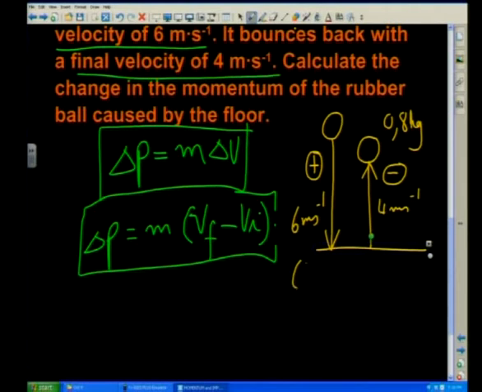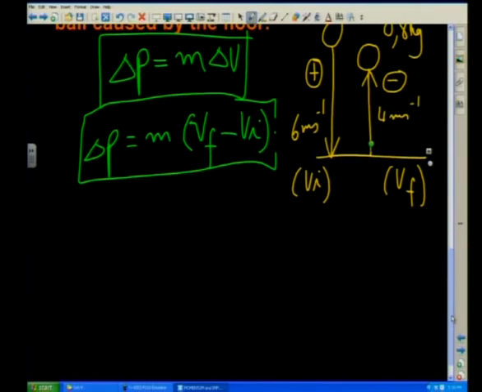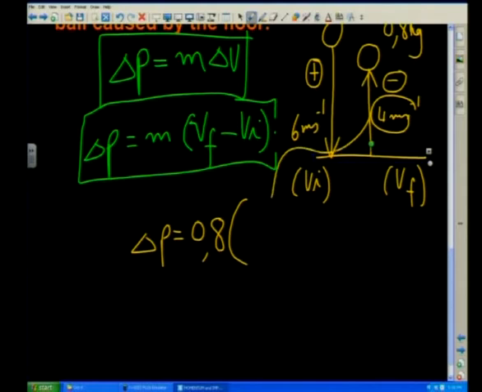Okay, so let's now have a look and let's put this in. So this was my Vi, that's my initial, and this over here was my final velocity. Okay, so therefore, let's plug it in. So delta P is going to equal mass of 0.8. My final velocity now is minus 4. Okay, guys, don't forget, and I'm going to make a very, very big box around there. My final velocity is going to be opposite to my initial direction.